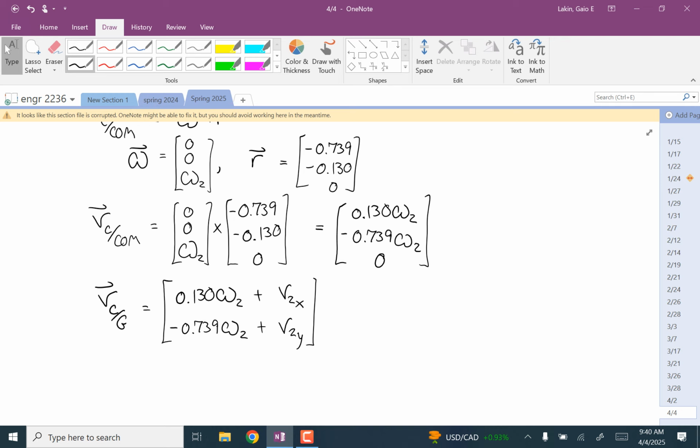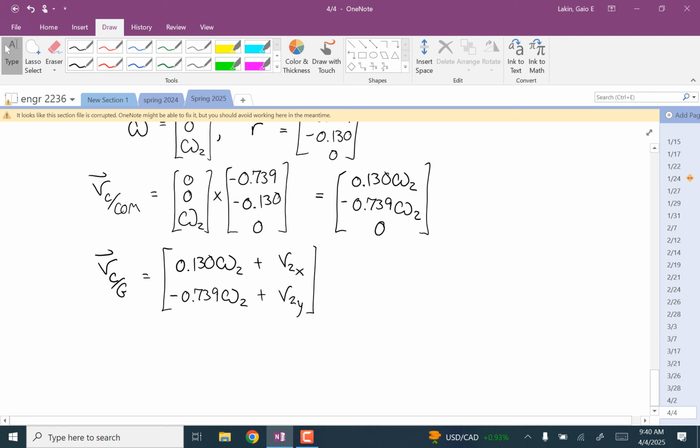What's our constraint, though? Why set y equal to 0? Yep. So the constraint says negative 0.739 omega 2 plus V2y is equal to 0.